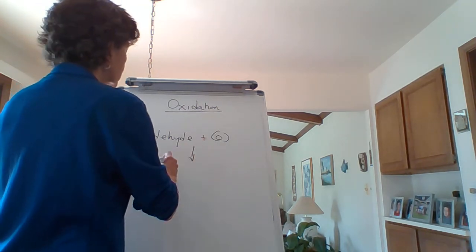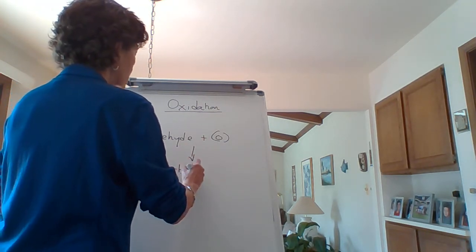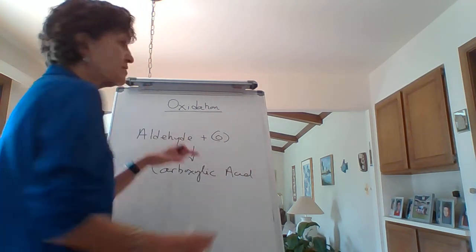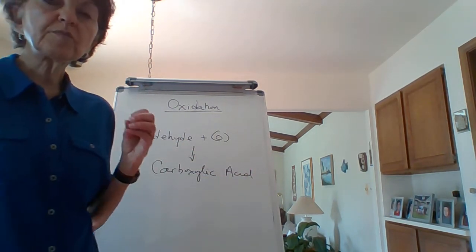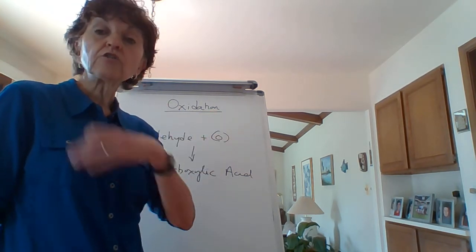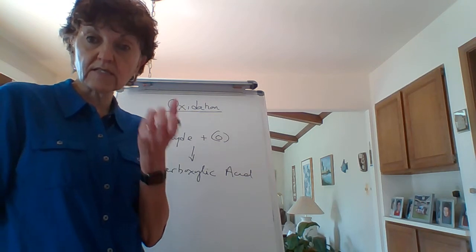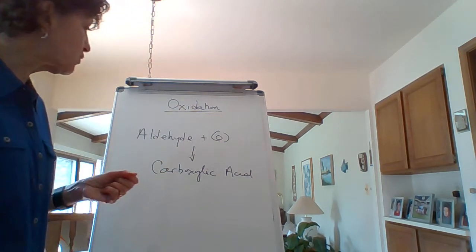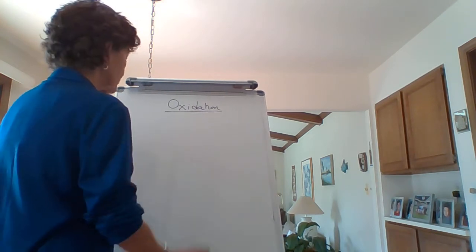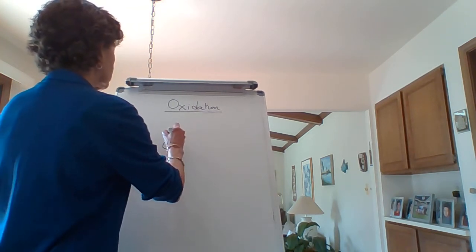It turns into what I just mentioned earlier, a carboxylic acid. Now in this oxidation, we're not going to be removing 2 hydrogens. We're actually going to be adding in an oxygen to create the carboxylic acid functional group. So let me show you what this looks like on a molecular level here. So I've got this aldehyde.